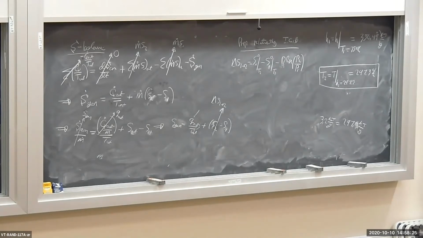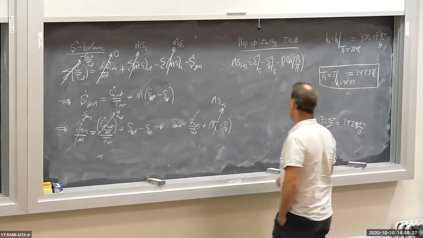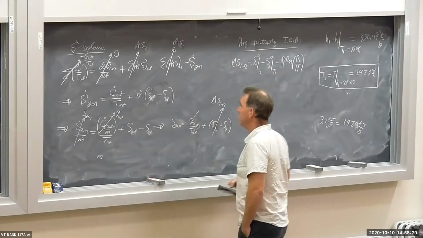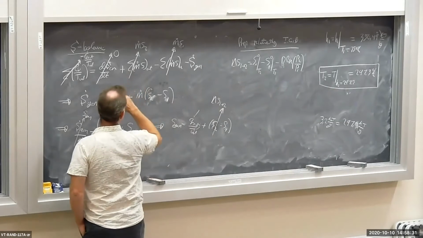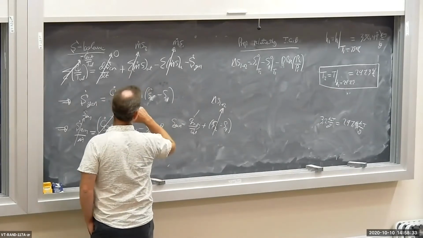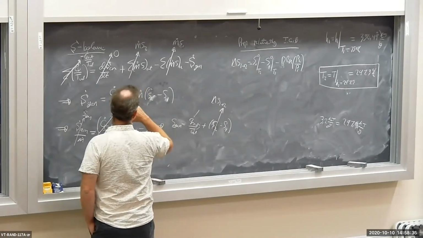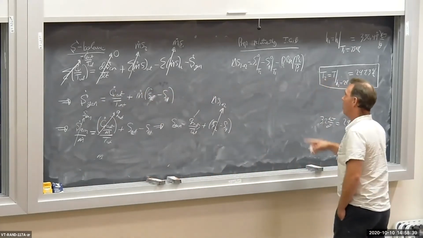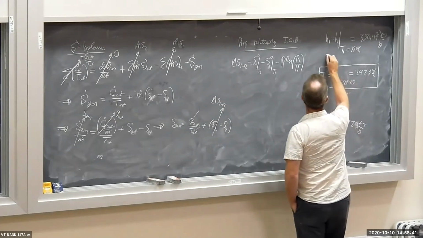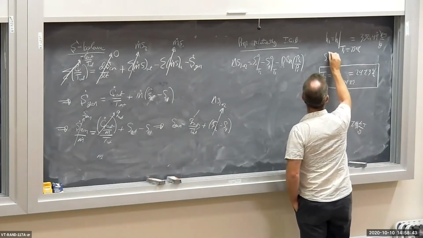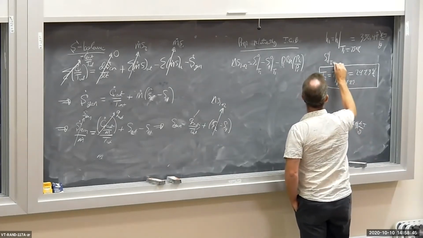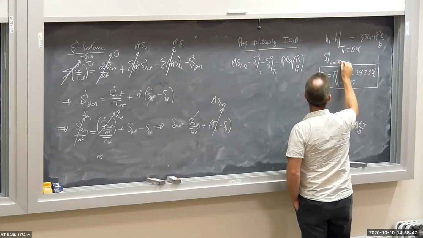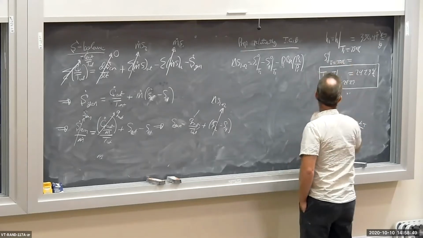Okay, let's crank some of this out. First of all, let's find S0 at T1. S0 evaluated at T1, which is 350 Kelvin.